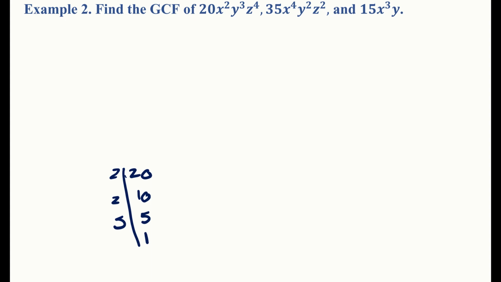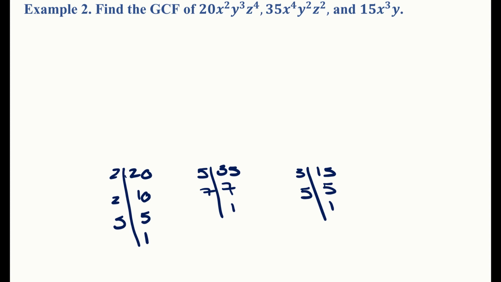For 35, we know that 5 goes into 35 7 times, and then 7 goes into itself once. For 15, we know that 3 goes into it 5 times, and 5 goes into it once.